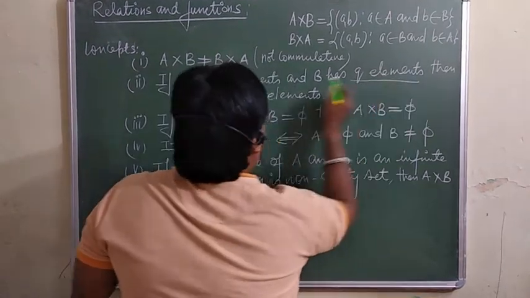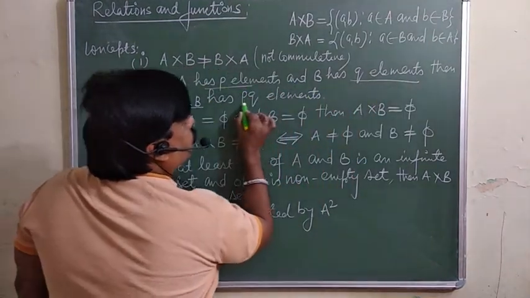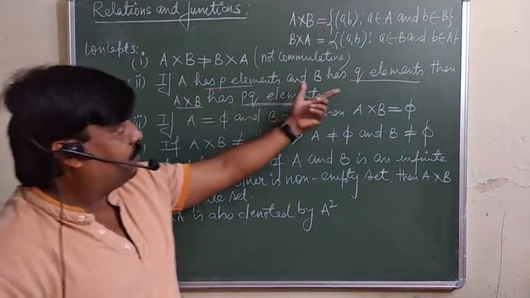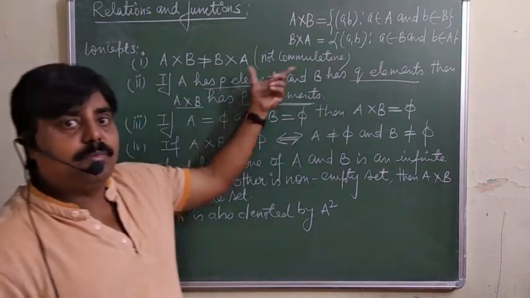Second, suppose set A has P elements and set B has Q elements. Then in A cross B, the total number of elements will be PQ. If there are 5 elements in set A and 2 in B, then A cross B will have 10 elements.